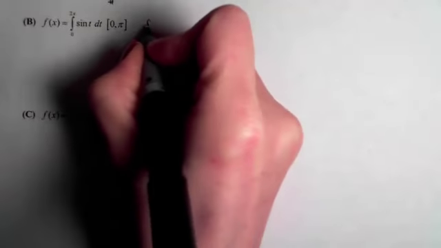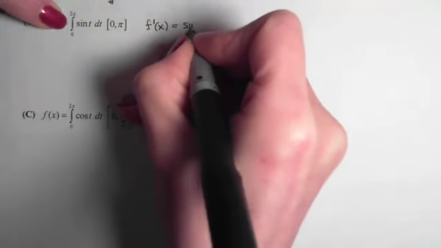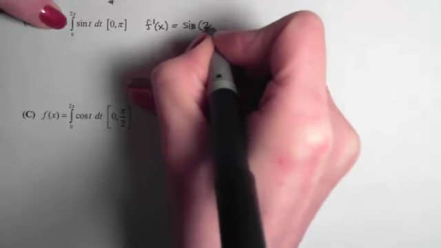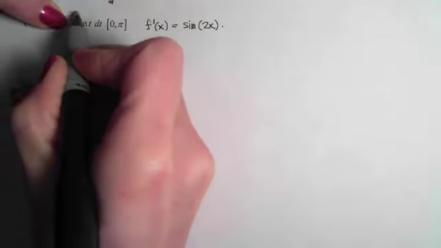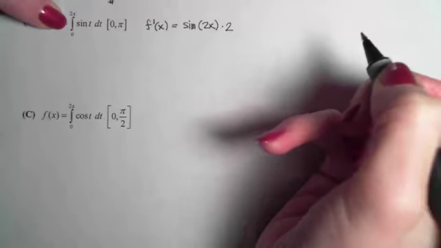Same setup. We need the instantaneous rate of change, which is f prime, which is the derivative of the integral, which means I'll plug that 2x into the inside, and then because I have the chain rule, I'll multiply by a 2. So there's going to be my y1.